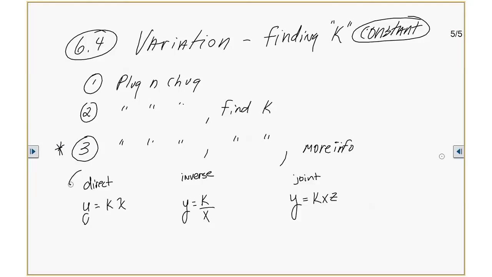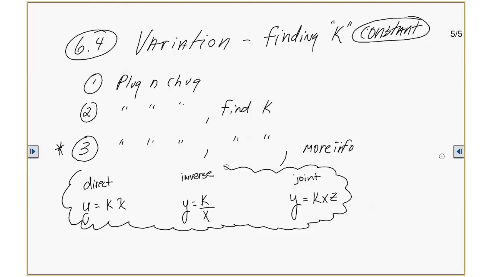And what will they tell you in the problem? They will tell you if it's inverse, direct, or joint, or it can be a mixture of the 2. Okay? Sometimes they use KXZ, sometimes they use KXW, whatever.